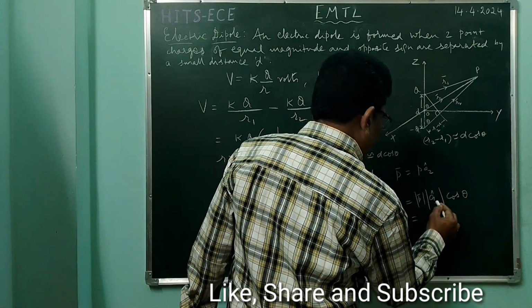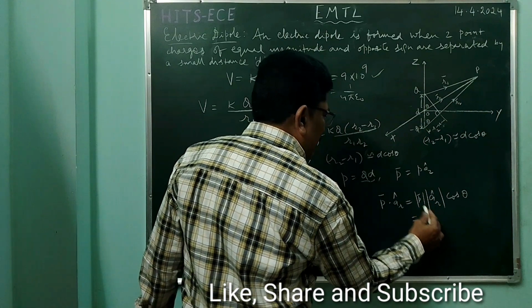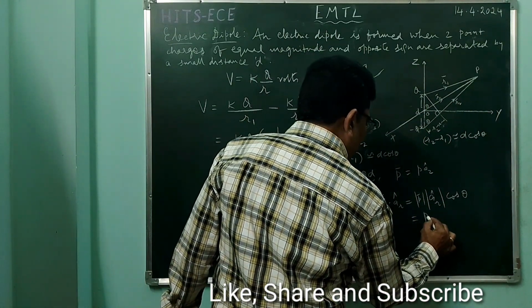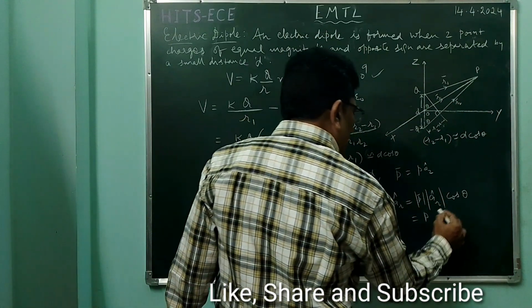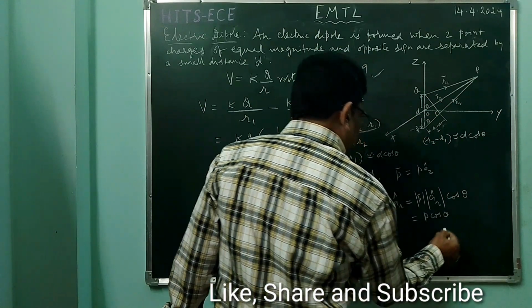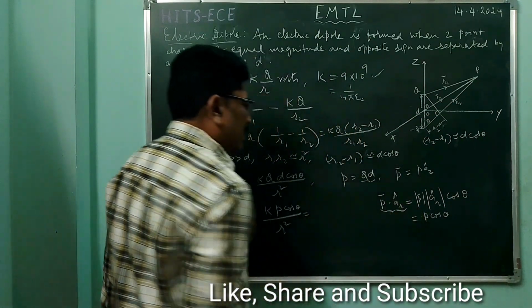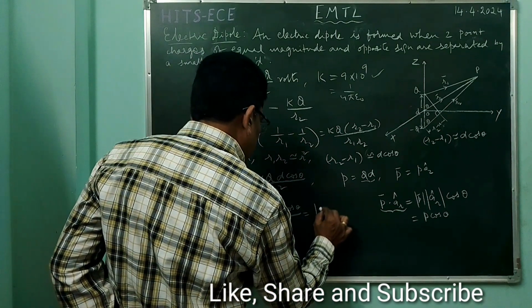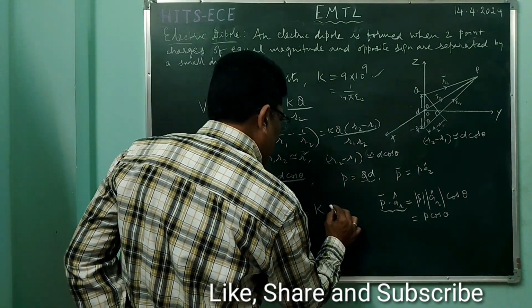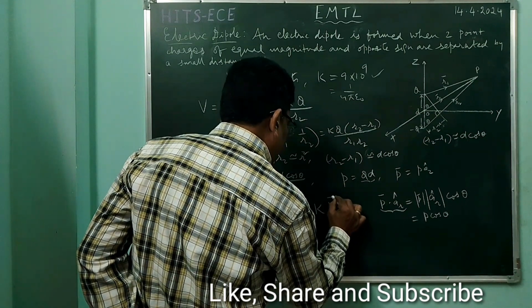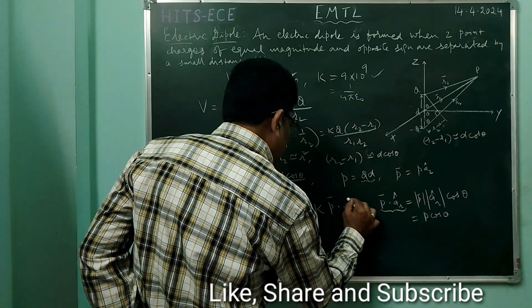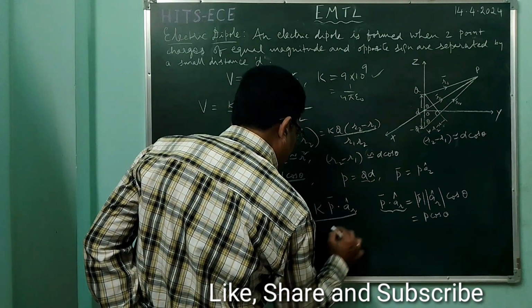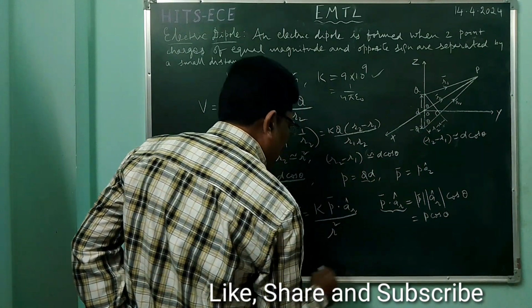So this is equal to magnitude of p bar, which is p only, times magnitude of ar cap, which is 1. So we will get p cos theta. So p cos theta can be written like this, p bar dot ar cap. So V is equal to K into p bar dot ar cap by R square.